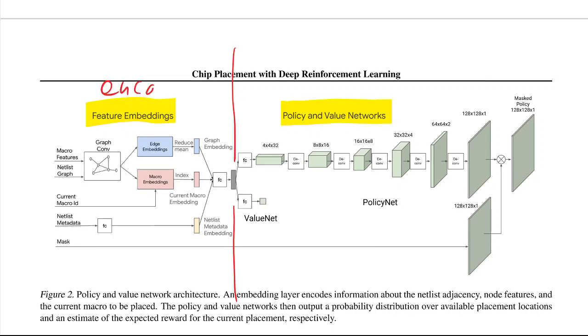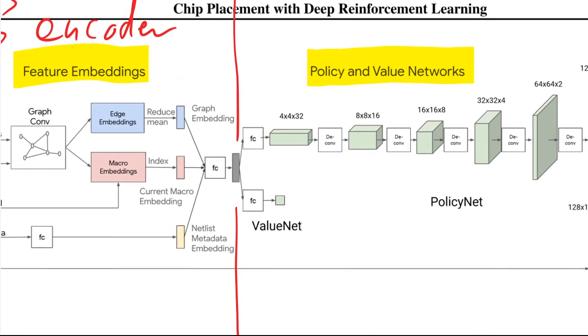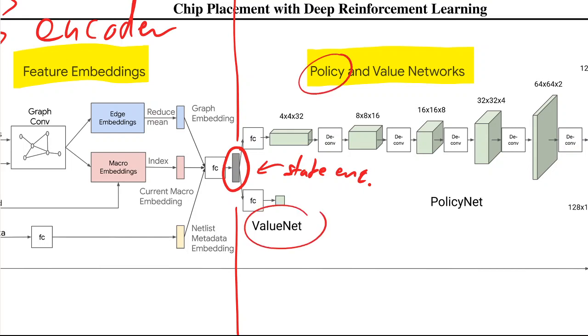This is the encoder. All the information of the observation might be in different modalities, and you need to encode this into, for simplicity, a single vector. That's this thing here. This is the state encoding. And then you can employ a policy and a value network in order to do reinforcement learning.